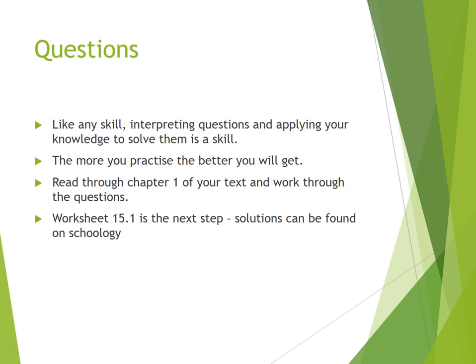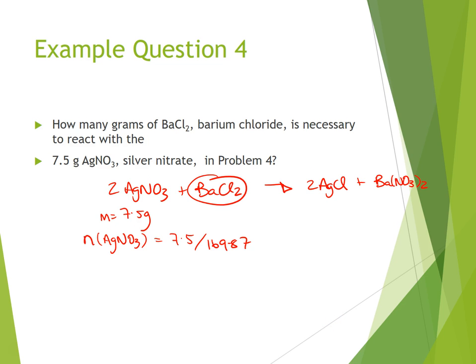Don't go through calculating things more than you have to. We worked this out before, so we can just pull it from the previous question, and we will get 0.0441 mole. And so that's our number of mole.